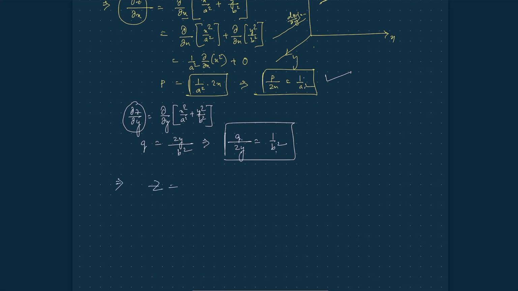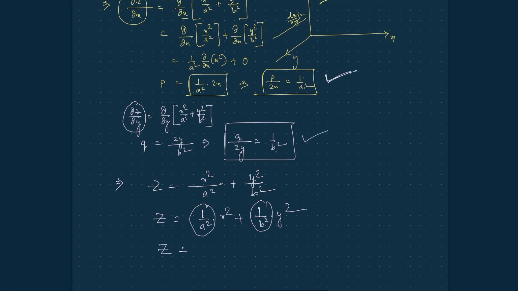This z is equal to what? x square by a square plus y square by b square is given. So this z will be equal to 1 by a square into x square plus similarly 1 by b square into y square. What is 1 by a square and what is 1 by b square? That we have found here. So I am going to replace the values of 1 by a square and 1 by b square in this original function.